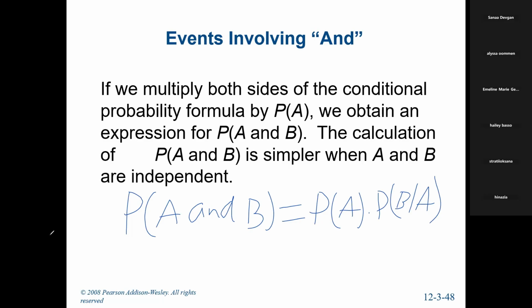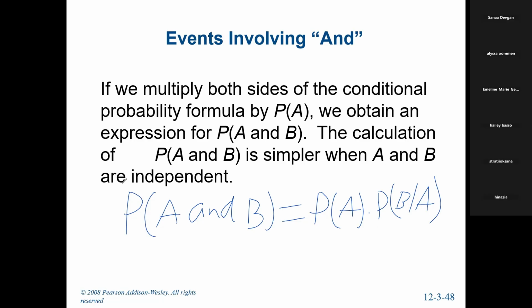If the two events are independent, you can replace P of B given A with P of B. So the calculation of P of A and B is simpler when A and B are independent.